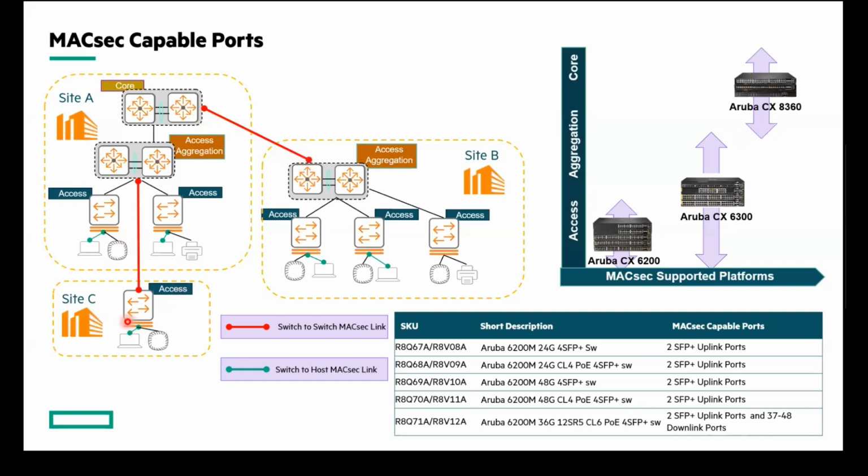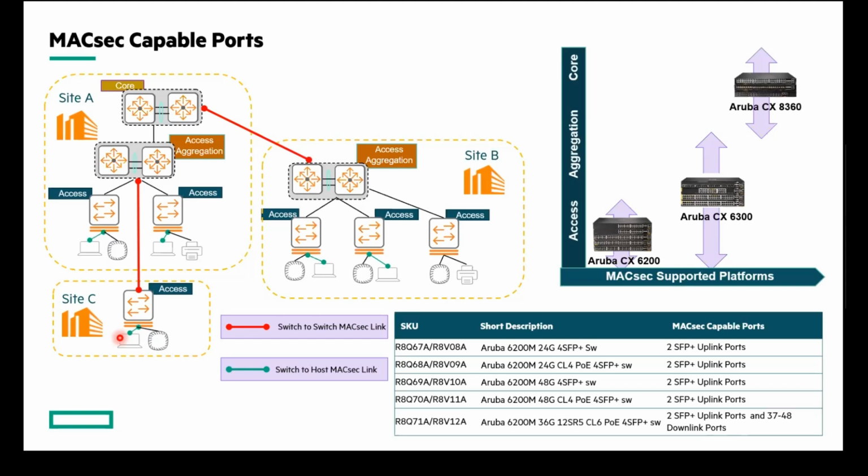And next comes switch-to-host MACsec. Considering the importance of MACsec, we started seeing many end devices like access cameras and workstations, either using the native capability of their software or using applications like Cisco AnyConnect, start supporting MACsec capability as well.